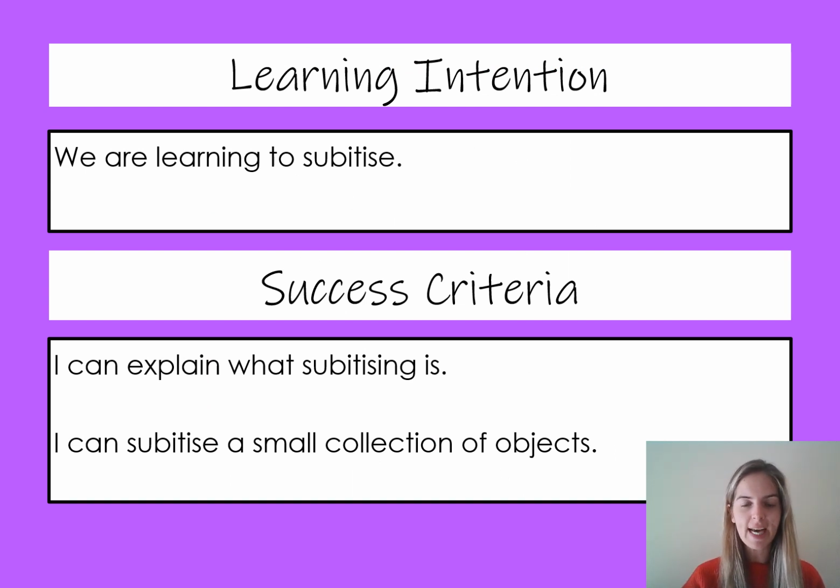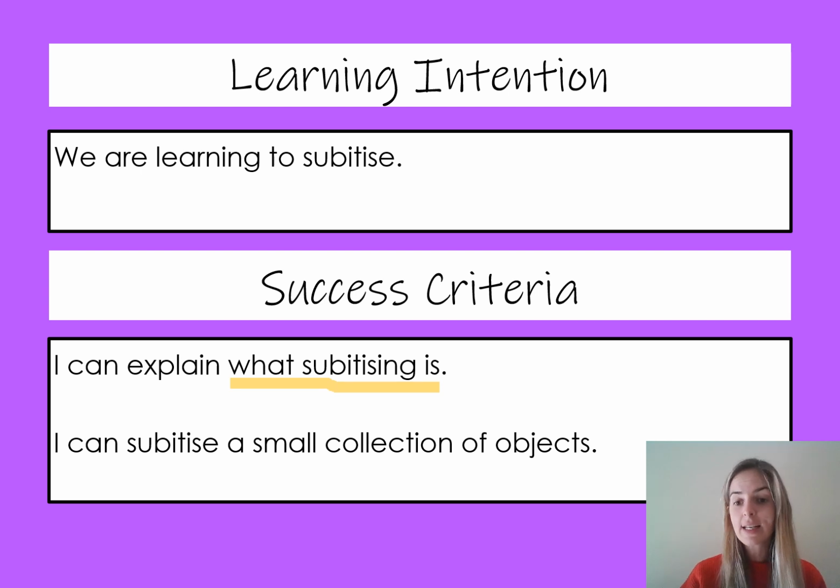That concludes our lesson. But before we go, we are just going to reflect on our learning. Now, our learning intention for the lesson was we are learning to subitize. And our success criteria was I can explain what subitizing is. So remember, subitizing is when you instantly, so straight away, are able to identify a small collection of objects.